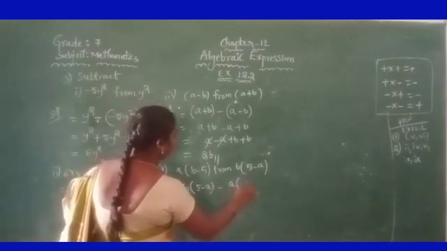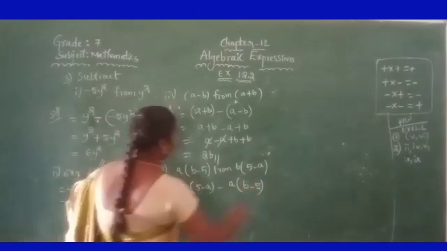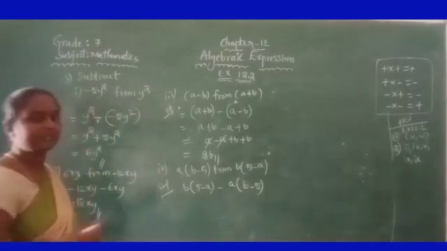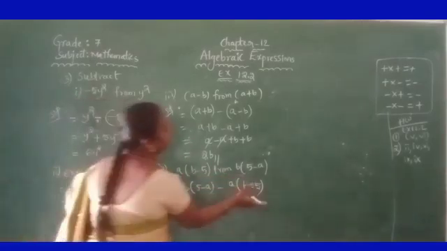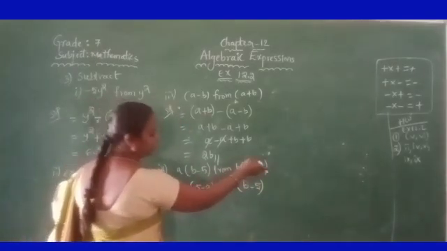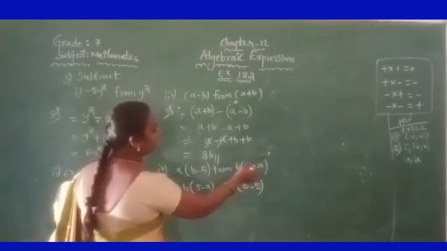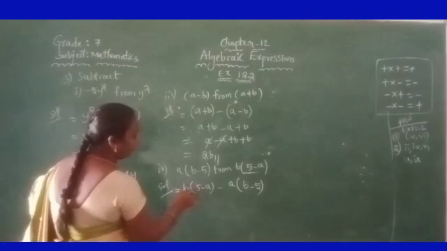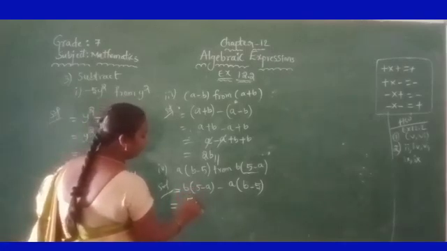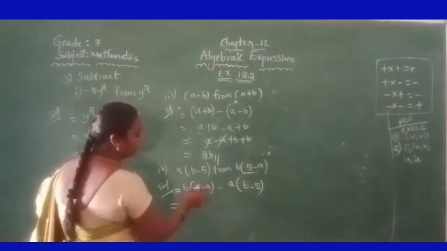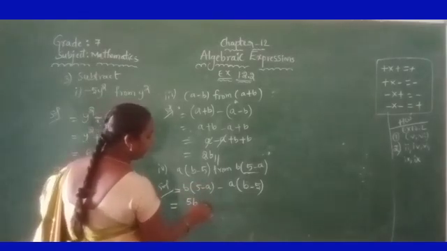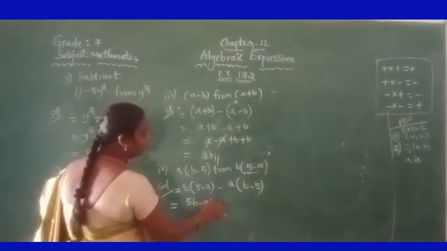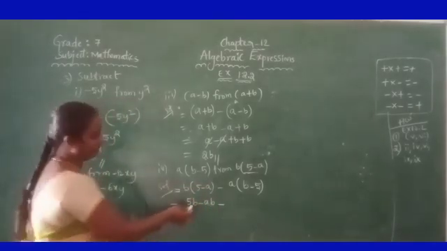Minus, and the one that is going to be subtracted you write as the second expression. The one we are subtracting from, you write first. Now simplify. b into 5, that is b5 or 5b, minus a, b into a is minus ba or minus ab. However you write it, it is correct.